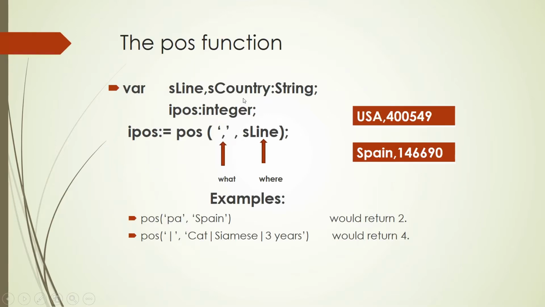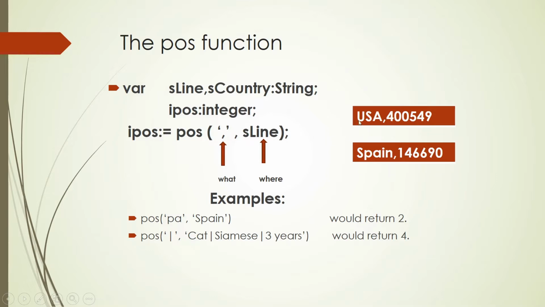So to find the position in a string, we use the pos function. I've created variables, s-line and s-country, and both these variables are of data type string. And I've created ipos, which is going to keep track of the position of the comma in the line.